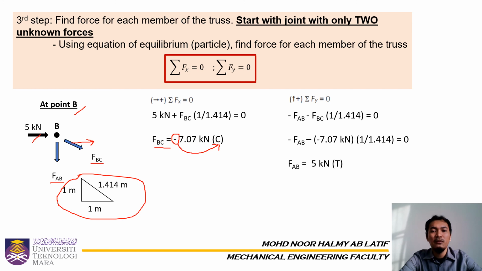By using summation of force in Y direction, we're going to solve for FAB, which has two forces, FAB and FBC in Y direction. By solving it, we get FAB equal to 5 kilonewton. The positive sign shows that the member is in tension.